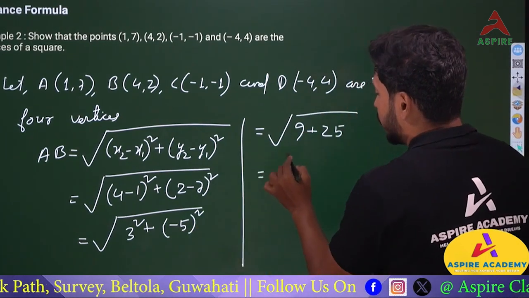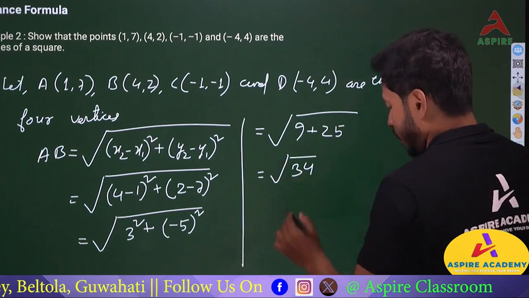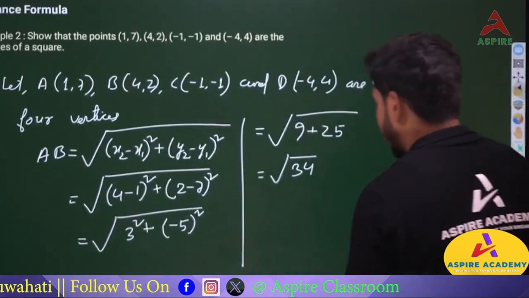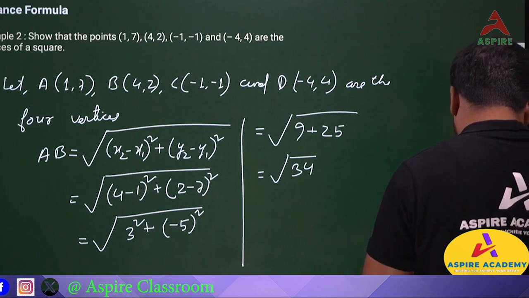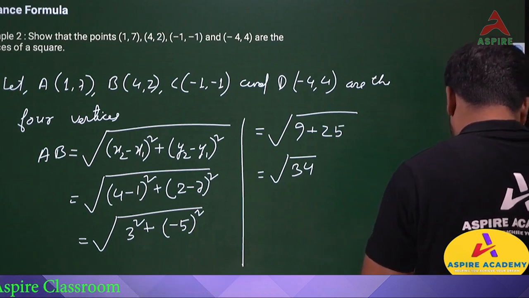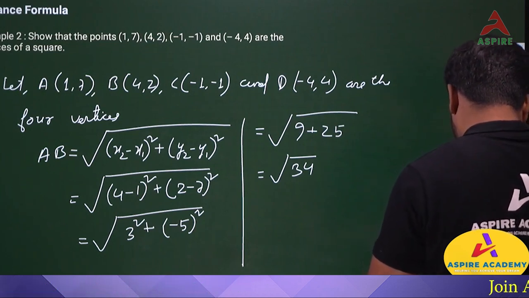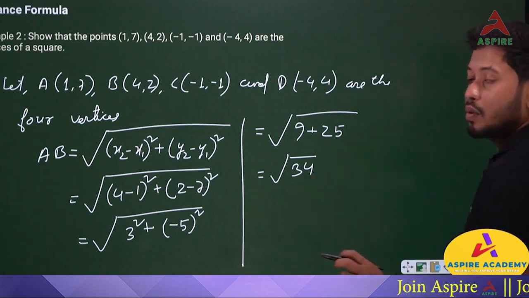So 9 plus 25 will be root over 34, right? So this is root over 34.